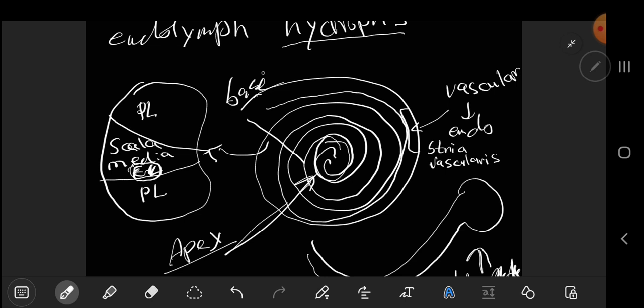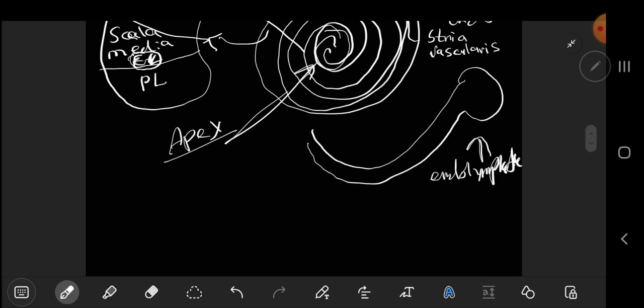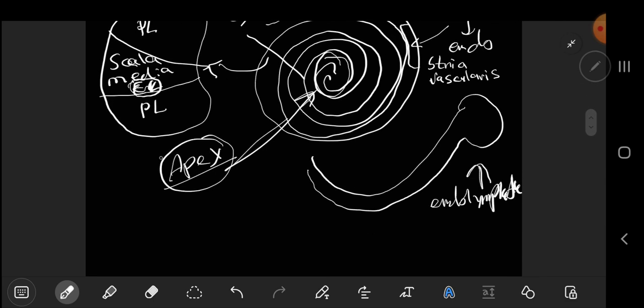The base is stiff and the apex is much less stiff. Because the apex is much less stiff, usually the damage starts in the apex. And in the apex, if you remember, are the low frequencies. Therefore, what we see is damage to the lower frequencies in Meniere disease.